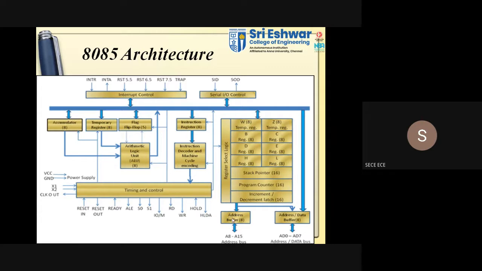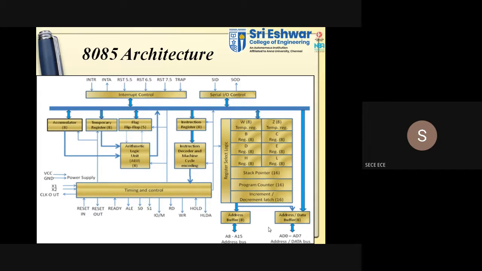So buffer அப்படிங்கிறது இந்த இடத்துல address store பண்ணுது address buffer. It is 8 bit A8 to A15, and here address and data which is multiplexed with each other, and also it holds 8 bit information starting from AD0 to AD7. So AD0 to AD7 is nothing but your address and data of 8085 is multiplexed with each other.